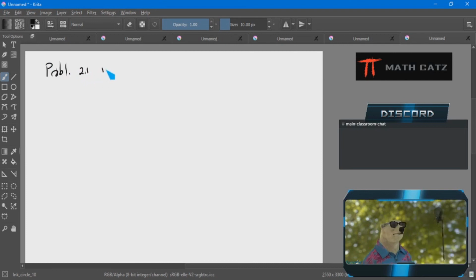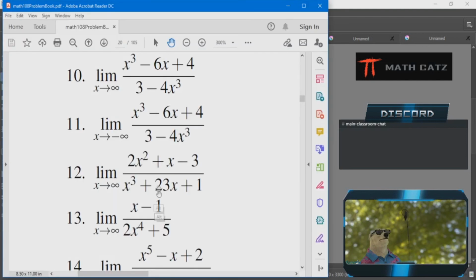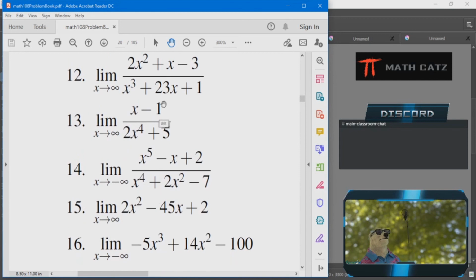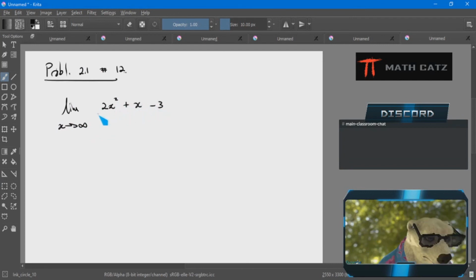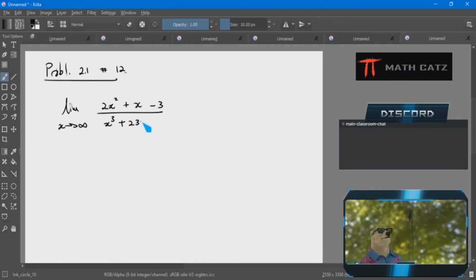In 2.1, I want to look at number 12. Okay, so I have a limit, and I have 2x squared plus x minus 3 over x cubed plus 23x, randomly, plus 1.